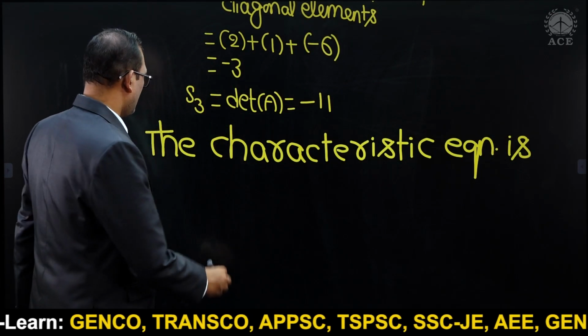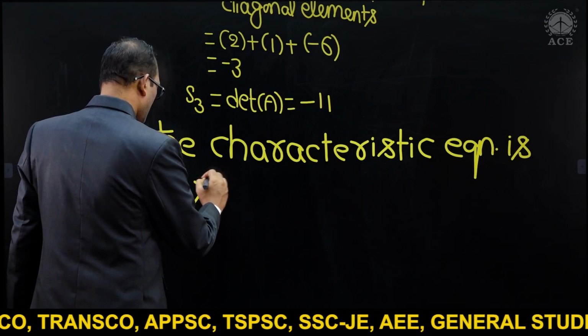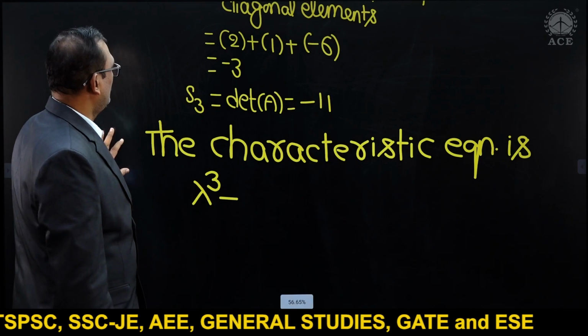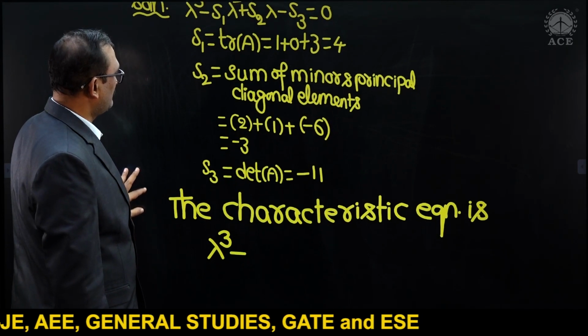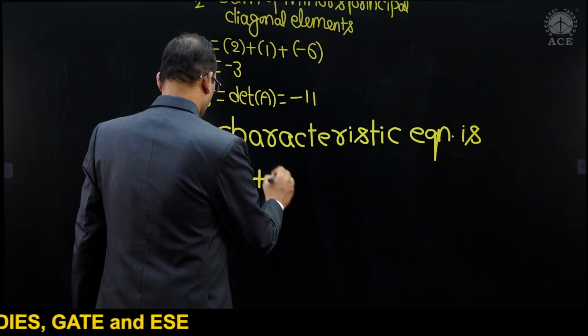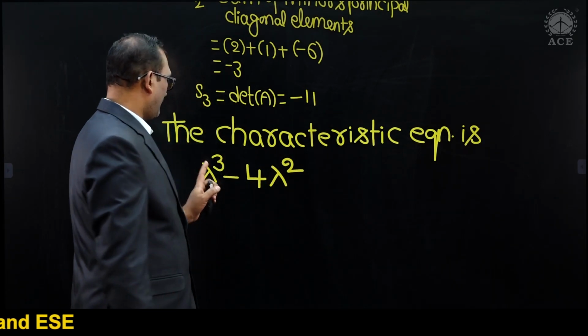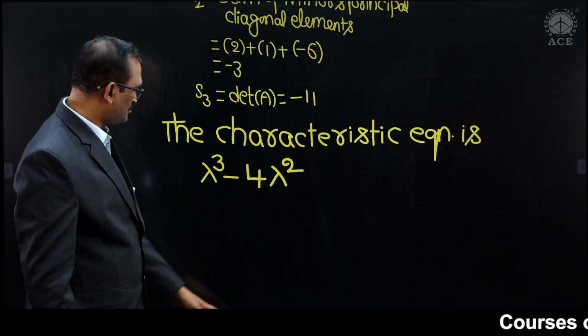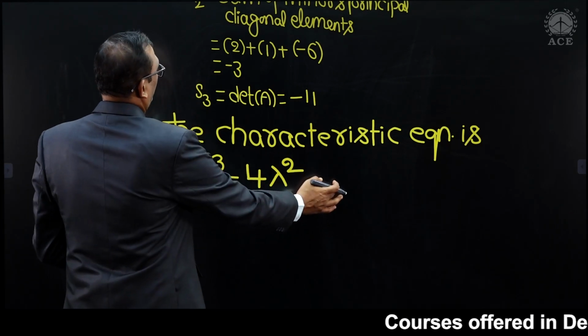Characteristic equation is lambda cube minus S1 into lambda square plus S2 into lambda minus S3 equal to 0. S1 value is 4.